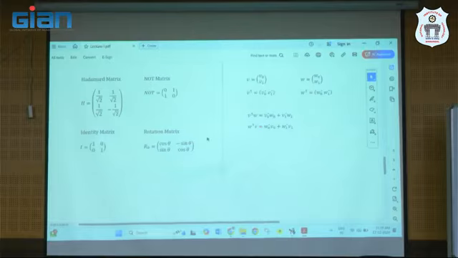What is the inner product of the two columns? Cos theta times minus sin theta, plus sin theta times cos theta, which is 0. Inner product of the two rows, 0.